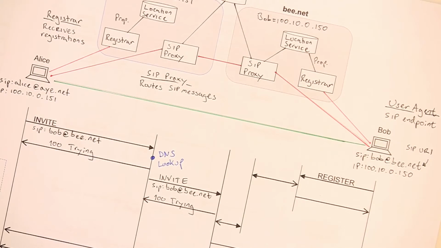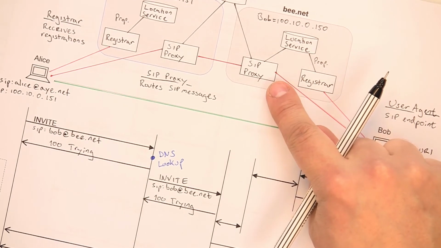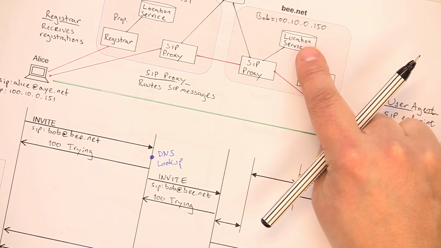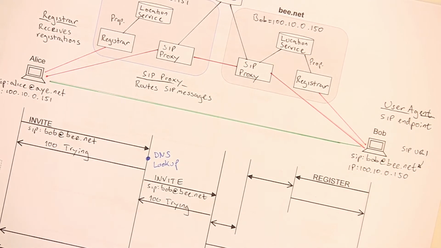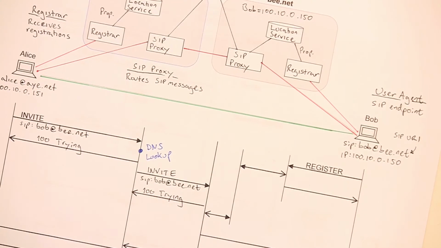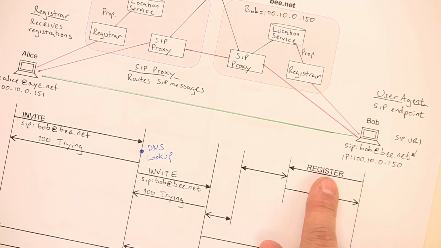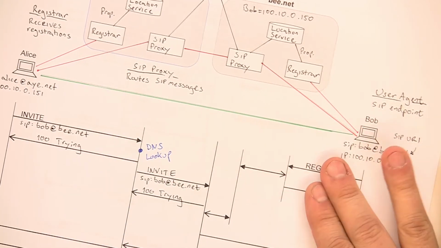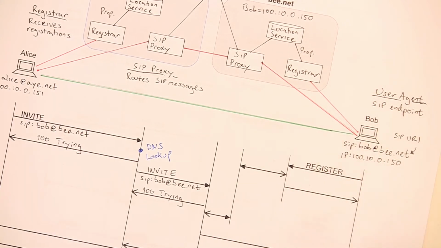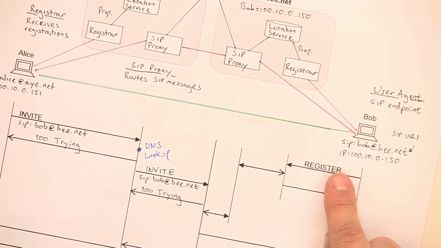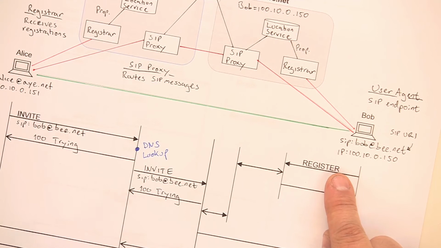Now comes the point in time where Bob's SIP proxy wants to look in the location service. In order for that to yield any results, Bob has to have registered. So let's put that in, and you can note here that this is put in ahead in time of Alice calling Bob. This has to happen before in order for Bob's SIP proxy to be able to find Bob, of course. So there's a register, the SIP method register.